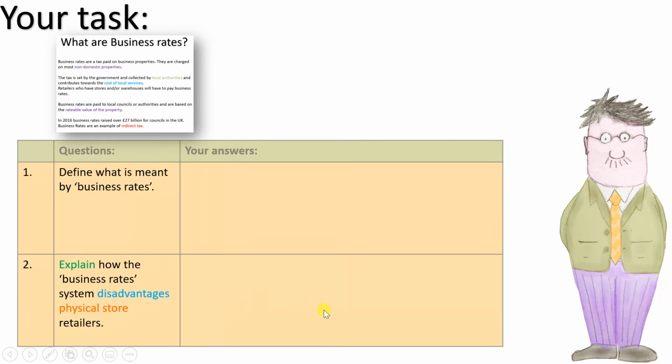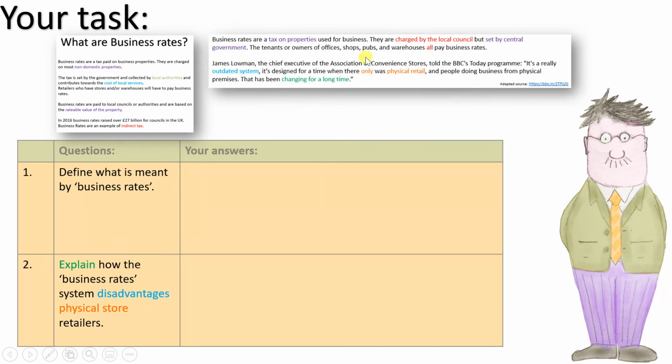Well, to answer this question, you really need to focus on the final 2 paragraphs of the case study. And here they are for you, so we can focus on the points that they're making. Now, if you focus on the James Lohman quote, where he says it's a really outdated system, designed for a time when there were only physical retailers, and that's been changing for a long time.